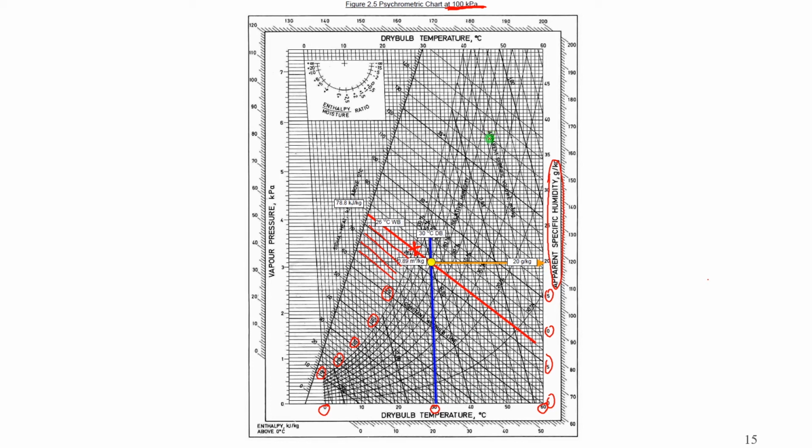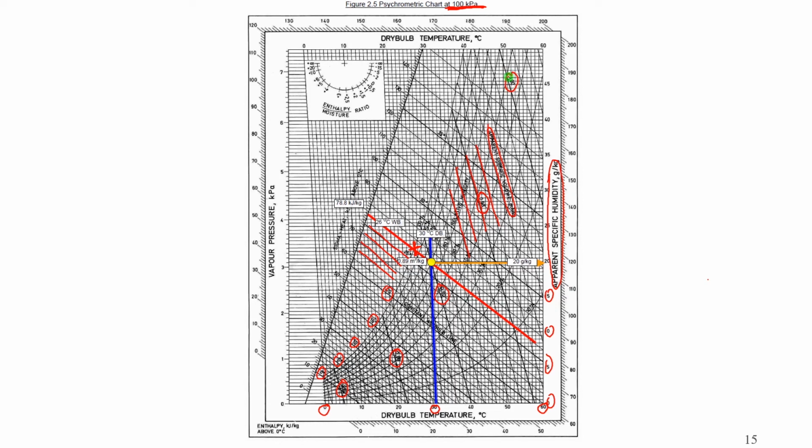The apparent specific volume here, the lines are these lines. And the scales are here. This is 0.8, 0.85, 0.9, 0.95, and 1.